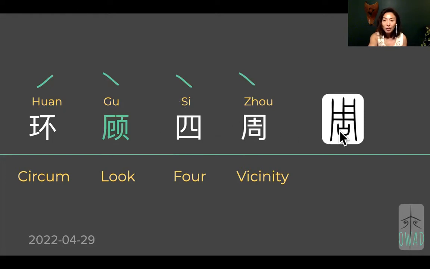周. 周 has multiple meanings, and this is one of the ancient dynasties' names. Our dynasties mostly are named by the last name of the emperor. So the emperor back then had the surname 周, and it's written like this. And the original meaning involves the mouth, speaking.